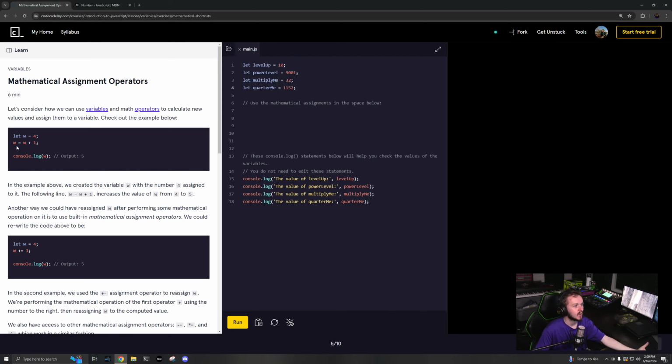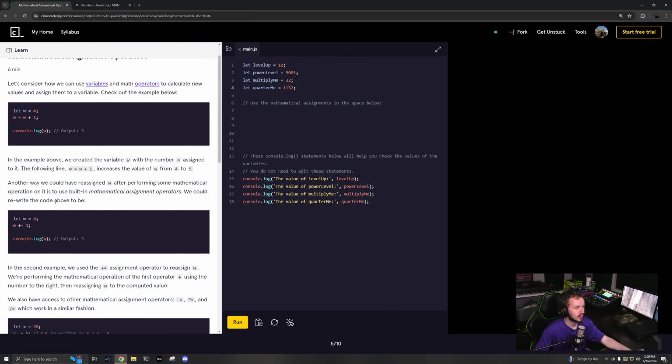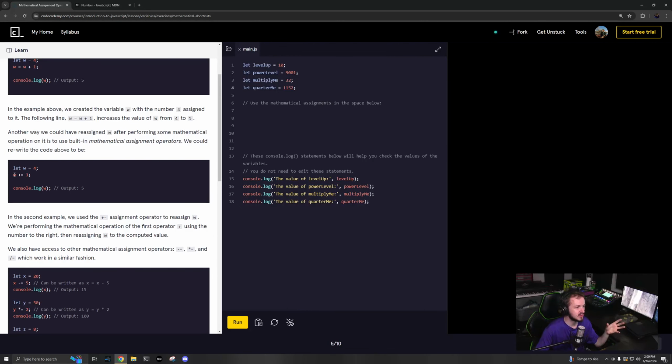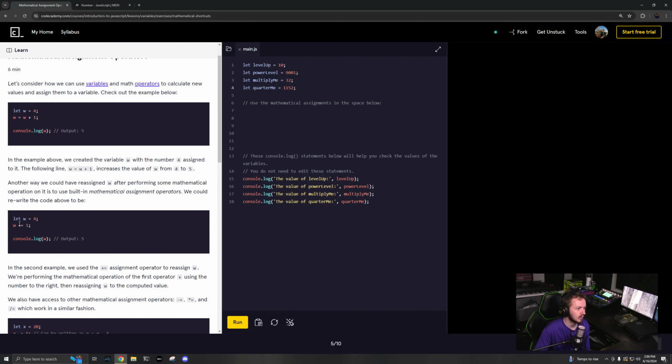However, in programming, we are reassigning w equal to itself plus 1. So basically, now w will be 5. Okay, so that's a little bit different. If you are not used to programming, that's what it's doing. Another way to do this is plus equals 1. This is a reassignment thing, where you're assigning it, but you're adding 1 to itself.